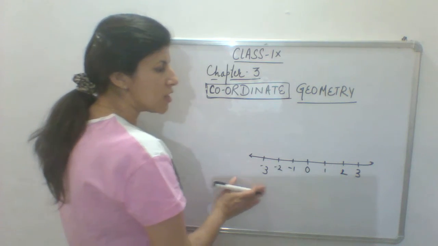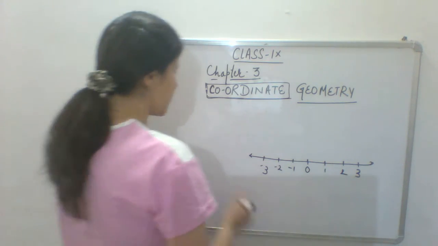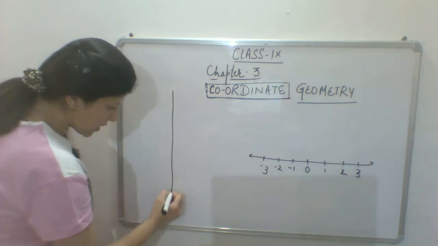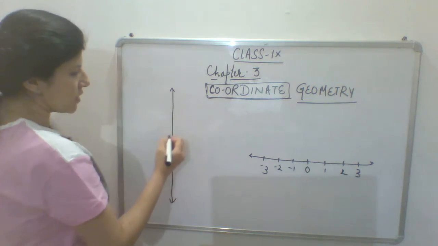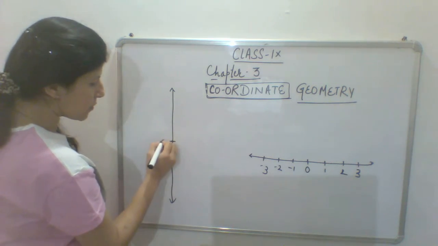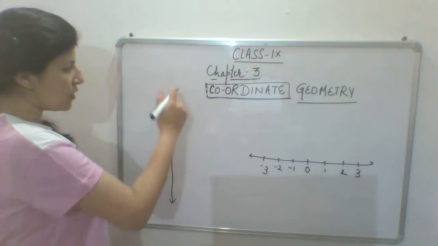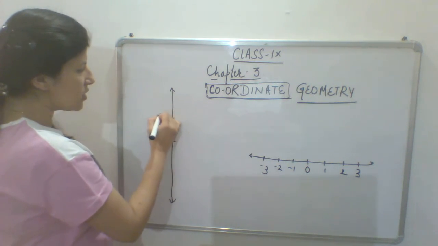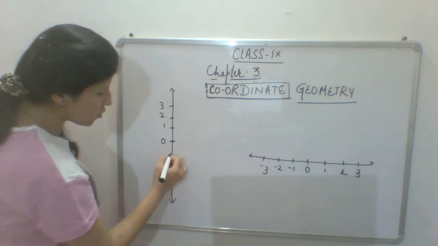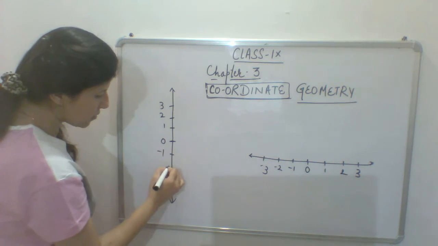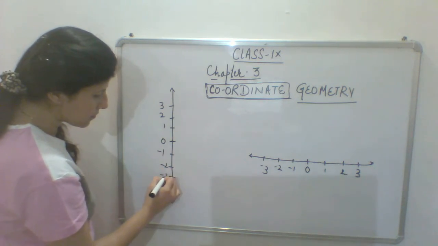This is called horizontal number line, right? This is another number line which is called vertical number line. Again, in the middle we are having 0. Above 0 we are having positive numbers, and below 0 we are having negative numbers, right?